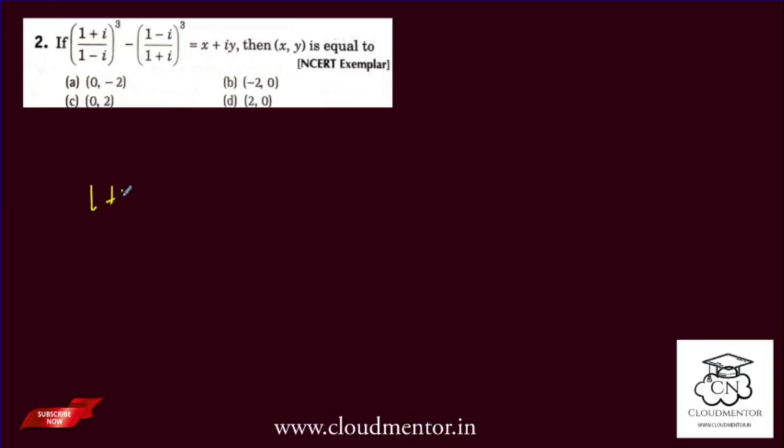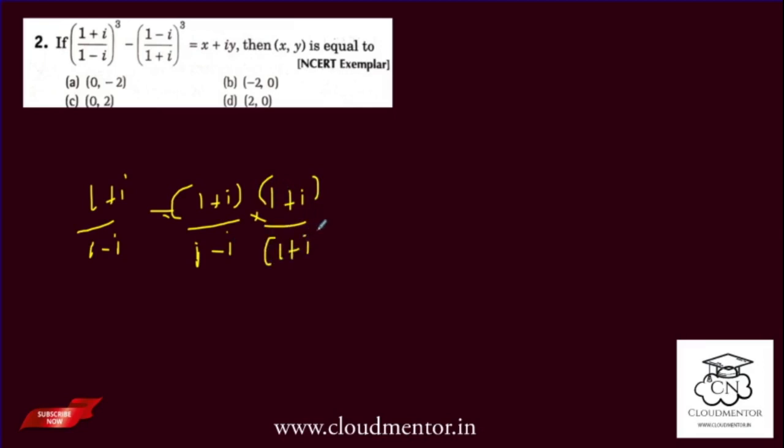That is, 1 plus i by 1 minus i is equal to 1 plus i by 1 minus i, multiplied by, taking the conjugate of the denominator, that is 1 plus i, so multiplying that with 1 plus i by 1 plus i, so we get 1 plus i the whole square divided by 1 square minus i square, right?